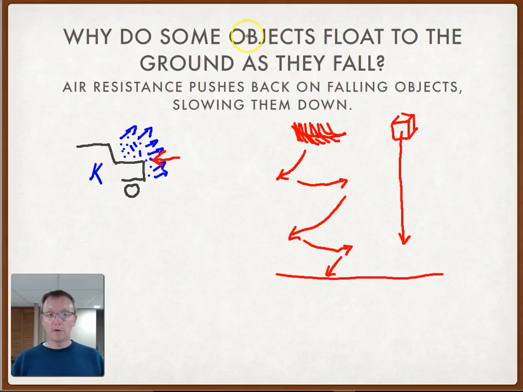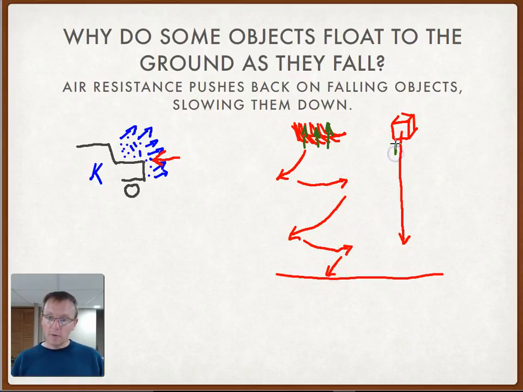The air particles are actually pushing upward on the feather. Now the feather has a very small mass for a very large surface area. So the effect of that little push, and it is just a tiny little push, is very obvious. So you can see that's the cause of the floating downward of the feather.